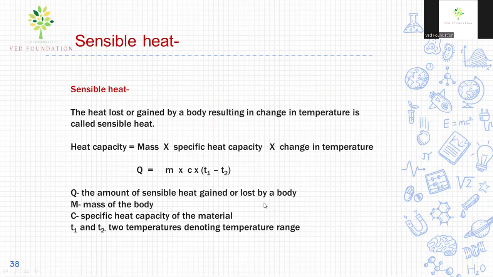Sensible heat. The heat lost or gained by a body resulting in change in temperature is called sensible heat. So sensible heat means the heat absorbed by an object to change its temperature.